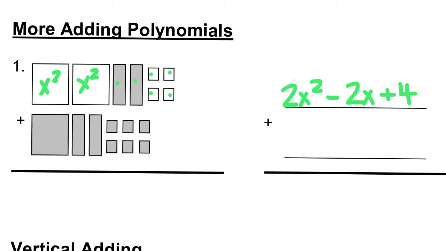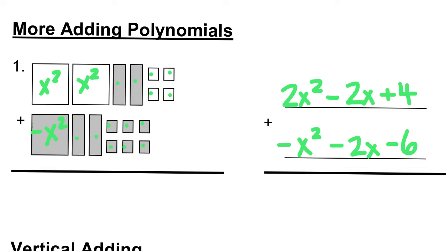In the second term, notice this is a negative. It's negative x squared, and then we have 2 x's, but they're negative 2 x's. And then there are 6 units, but it's negative.